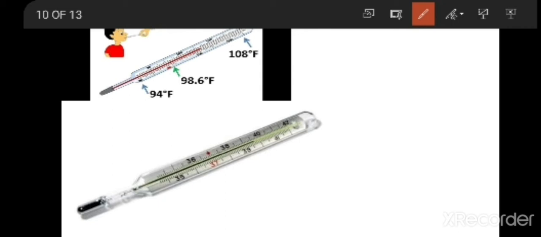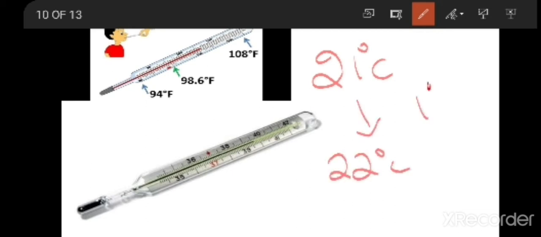That means what? See, the mercury present in our thermometer will record temperatures like, suppose you have 21 degrees Celsius and it has increased to 22 degrees Celsius. 1 degree Celsius it has increased. Mercury will show the difference. It will raise the reading on the thermometer.